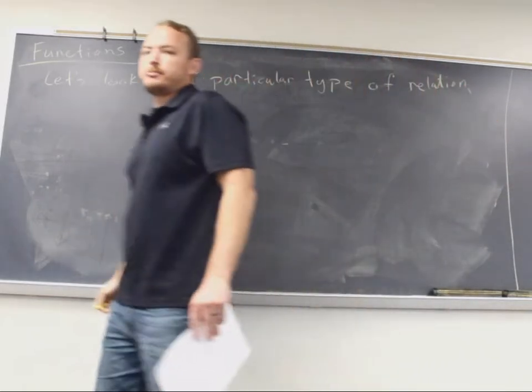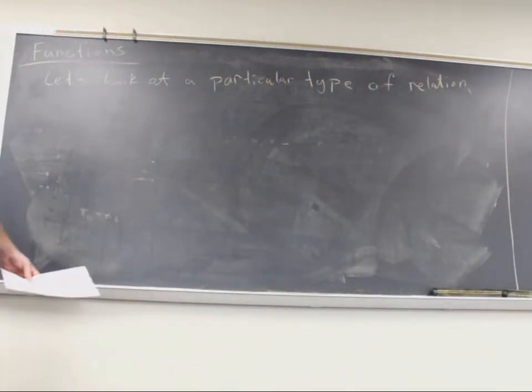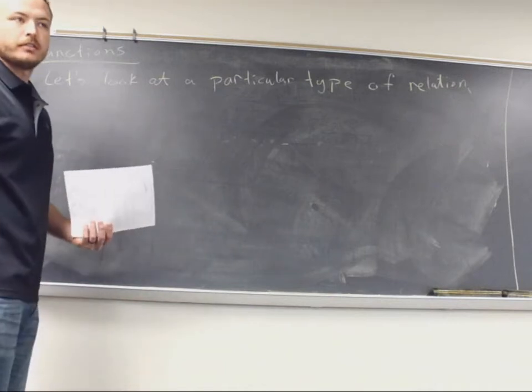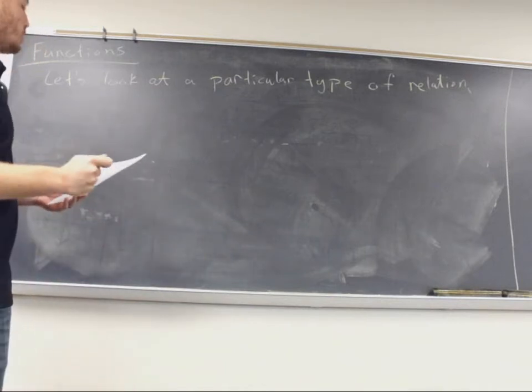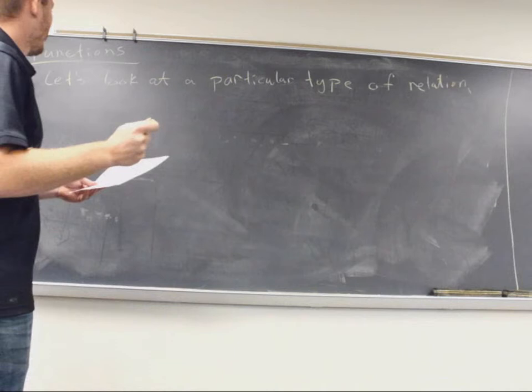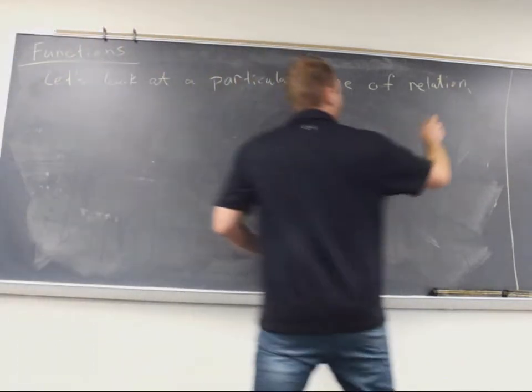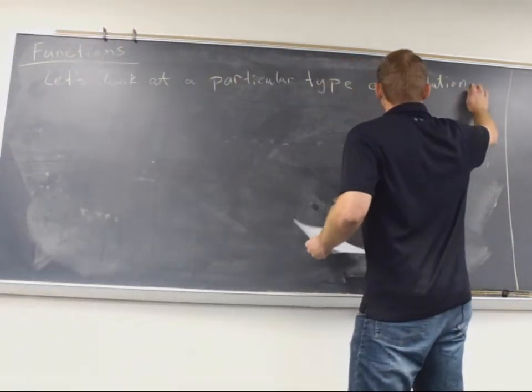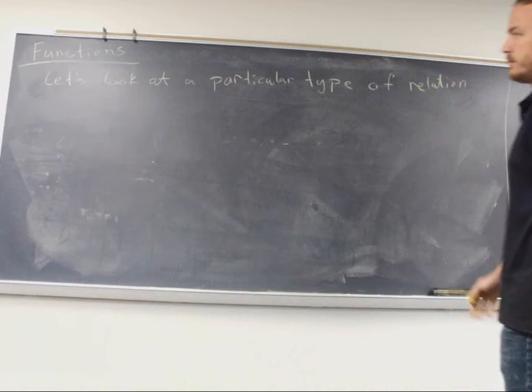And what does a relation mean? A relation is a set of ordered pairs. So the particular type that we want to look at here of a relation is called a function.